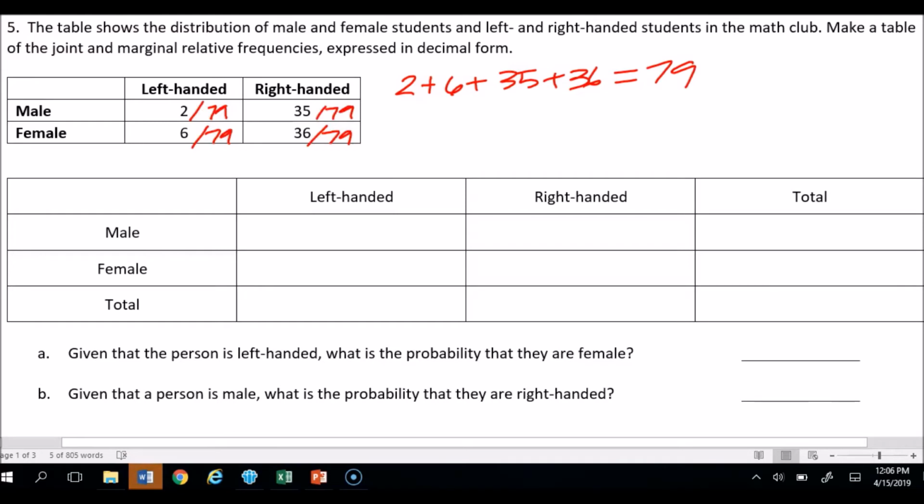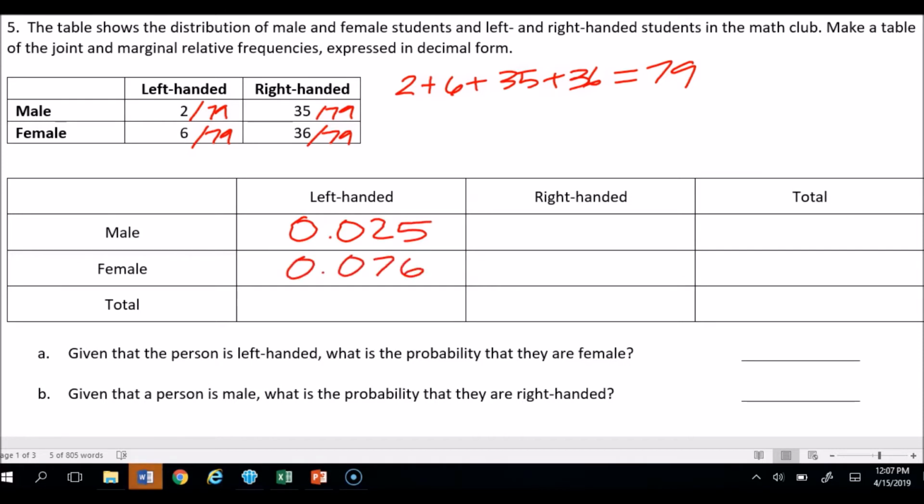So then we're going to divide each of our values, 2 by 79, 35 by 79, 6 by 79, and 36 by 79. When we do that, we get 0.025 here. We get 0.076 here. We get 0.443 here. And we get 0.456 here.